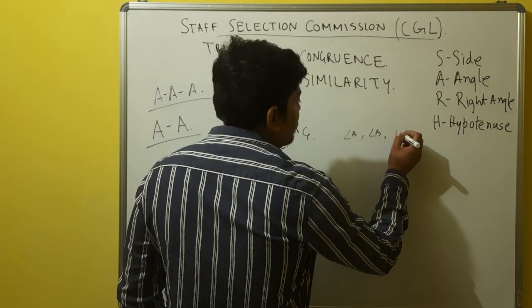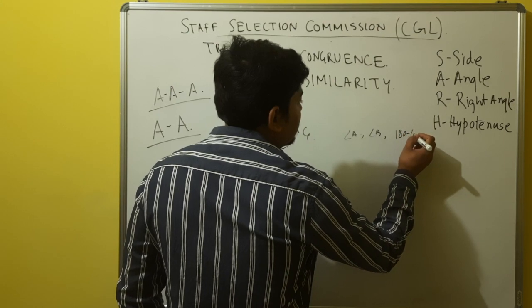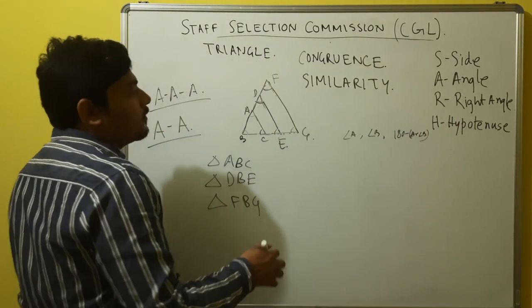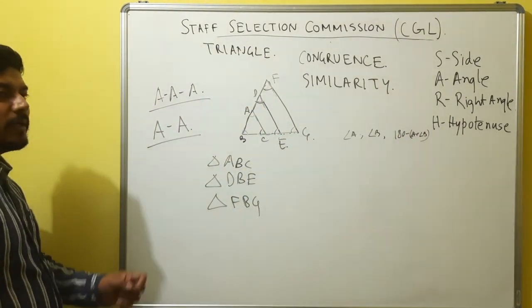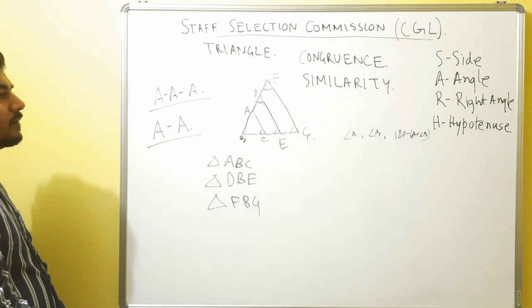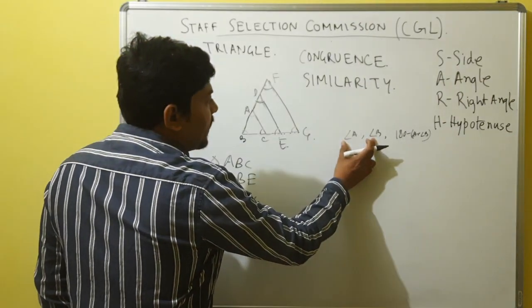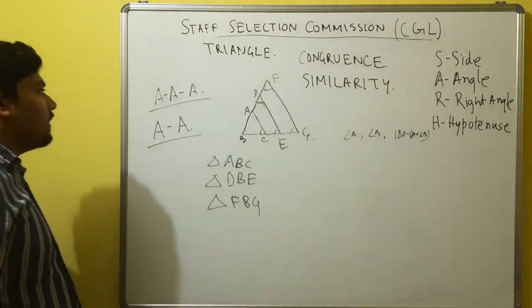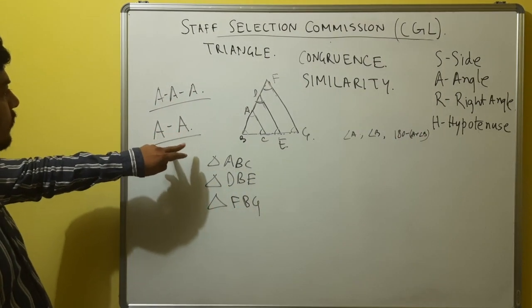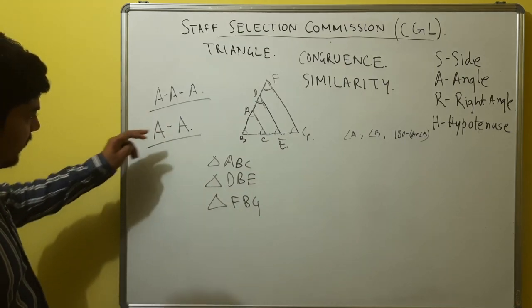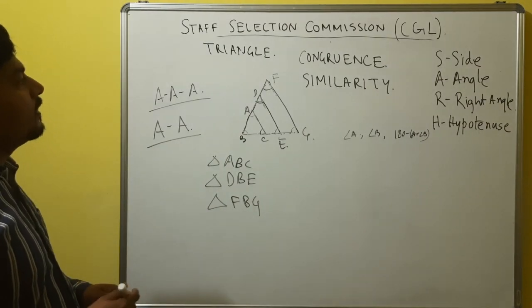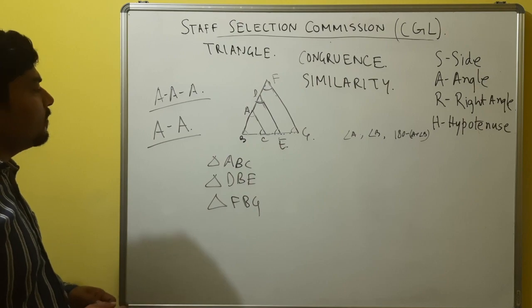It is always going to be 180 minus (A plus B), isn't it? Always, because the sum of three angles of a triangle is always 180. So if these two are matching with another two, the third one is also going to match. So two angles will automatically become three angles. That's the reason. If two angles are matching, we can simply say these two triangles are similar to each other.